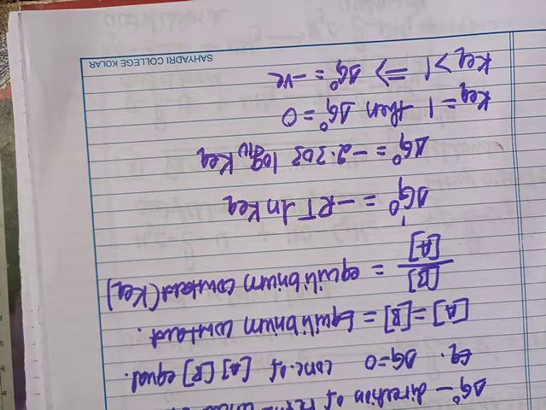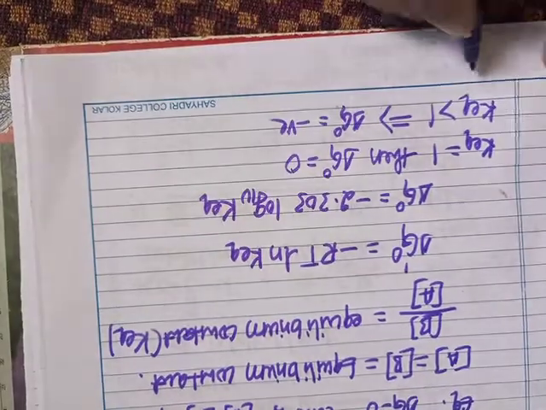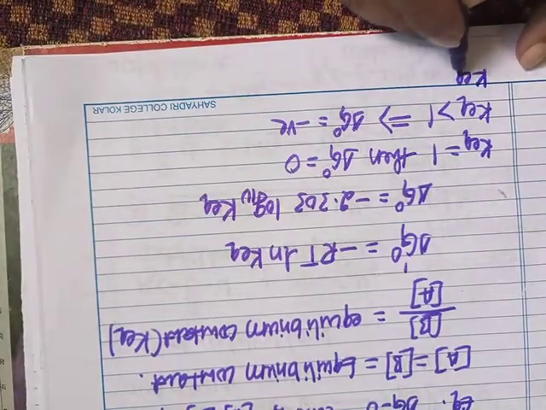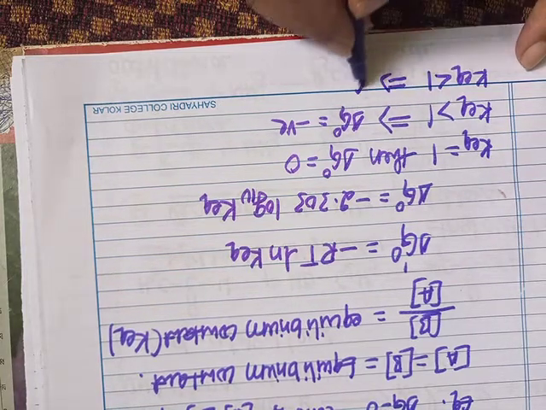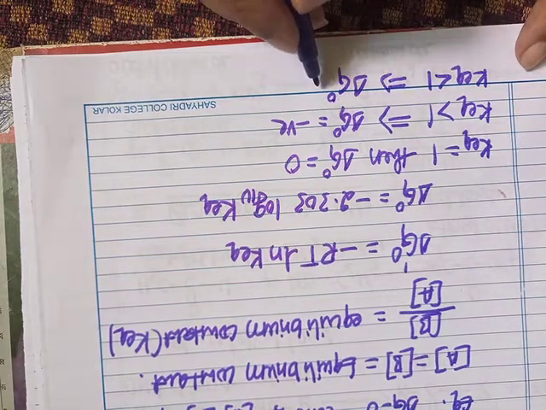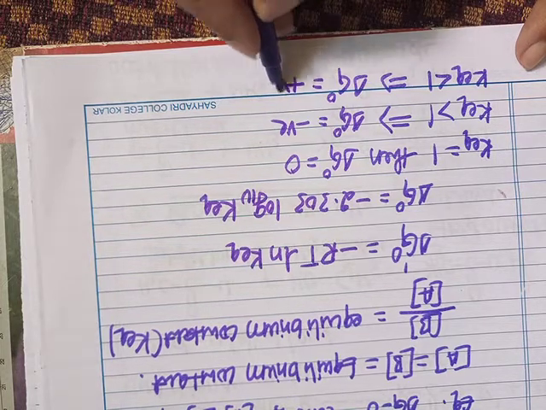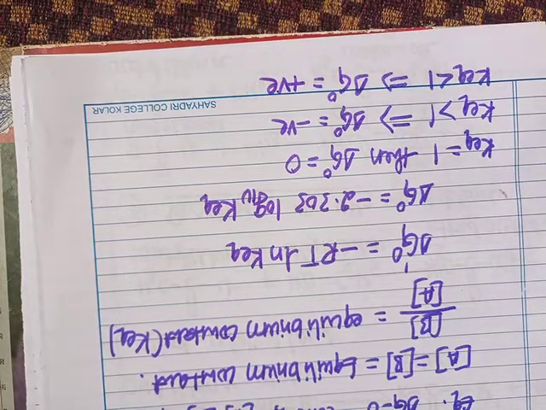Similarly, if the equilibrium constant is less than 1, then delta G naught, the standard free energy change, is positive.